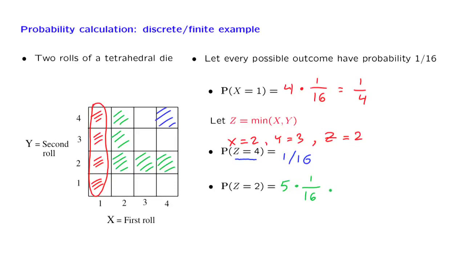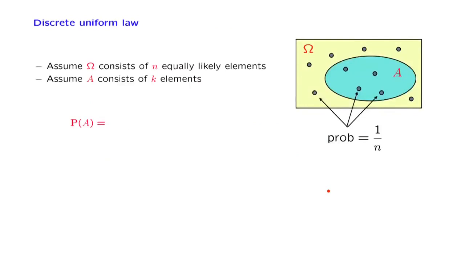This particular example that we saw here is a special case of what is called a discrete uniform law. In a discrete uniform law, we have a sample space which is finite and it has n elements, and we assume that these n elements are equally likely.